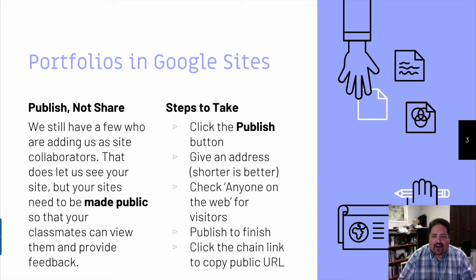And then there's an option there to either share it within your district or anyone on the web. So check anyone on the web. And then there's a publish button to finish the publishing. Once you're done with that, there is a little chain link icon up at the top of your site. Just click that to copy the public address.